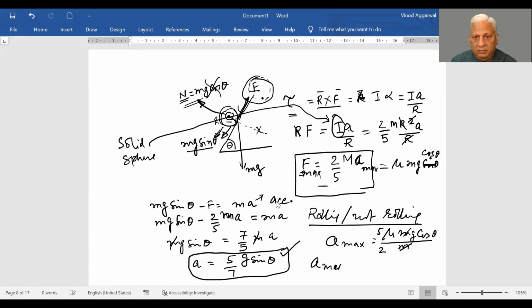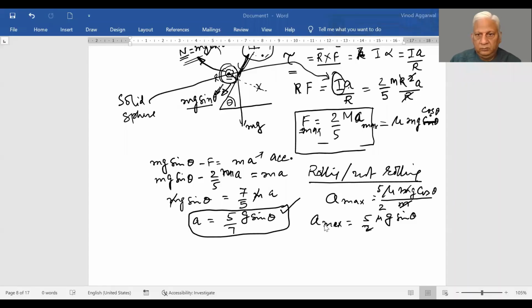So this max is, right. This was cos theta.